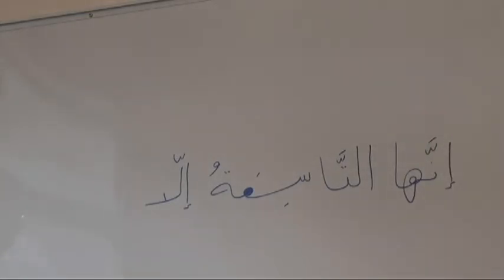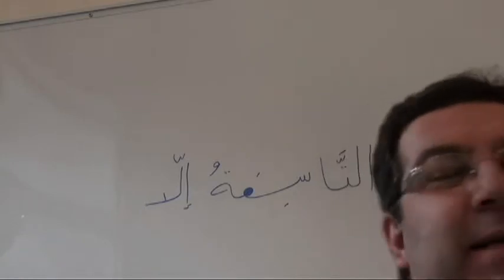A lot of people are in the middle. They don't want to agree and they don't want to disagree. So it is not daqiqa, it is daqa'iq. Why? Because it is 3 to 10.